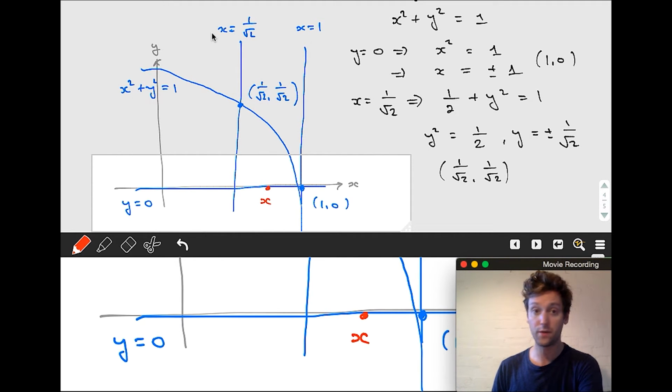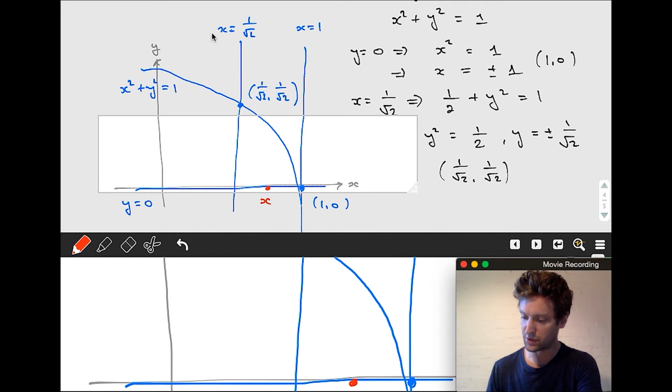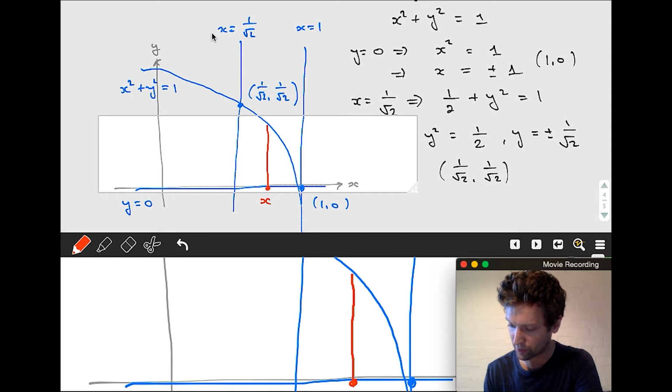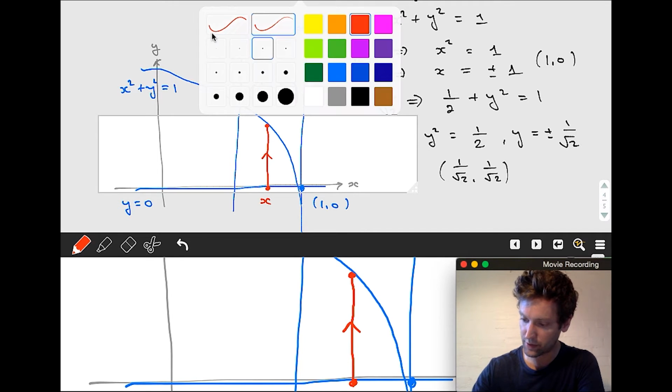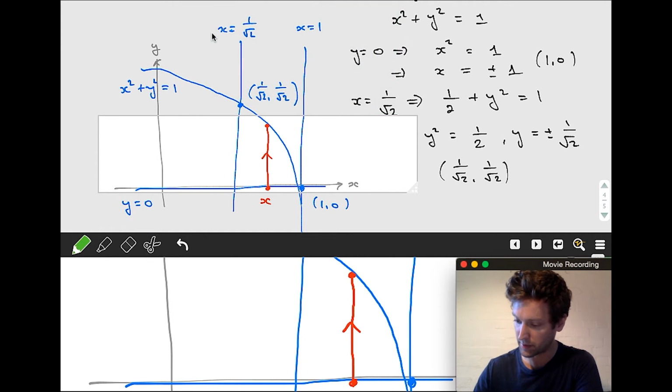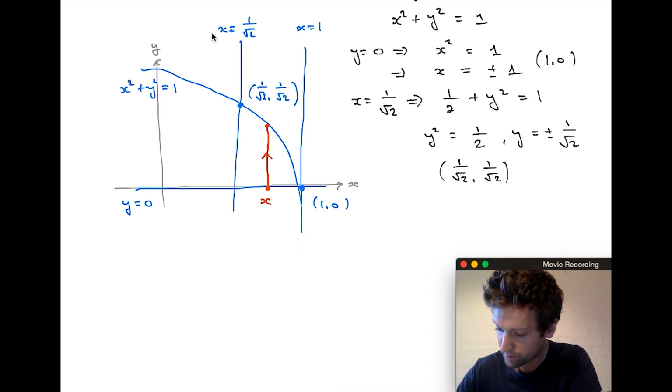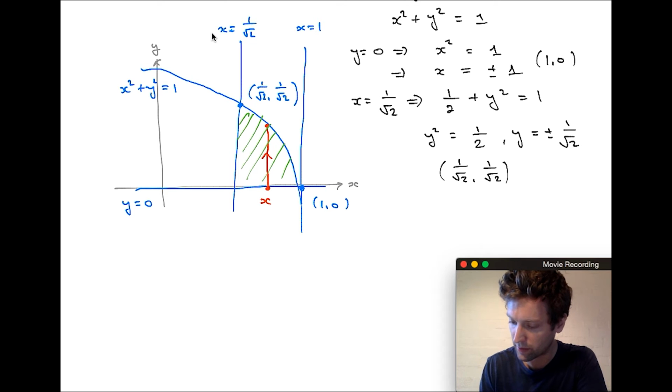And for that value of x, integrate from y is equal to 0 to y is equal to the square root of 1 minus x squared, which corresponds to our circle. So integrate over this line here. So you can see that the region of integration then is going to be the shaded region here. So that's our omega.